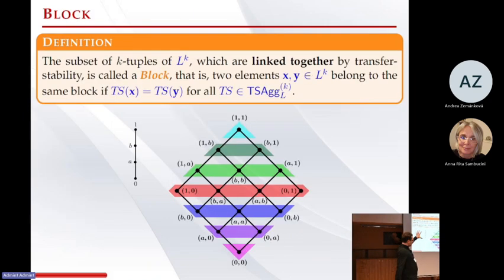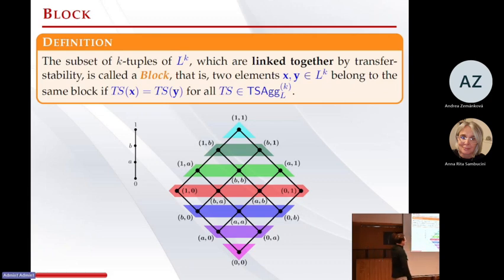Based on this definition, we can divide all k-tuples in the lattice into classes, where 2 k-tuples belong to the same class if for all transfer stable aggregation functions they have the same results.